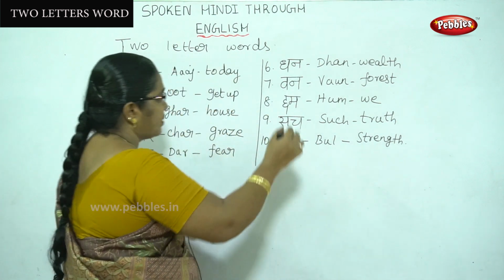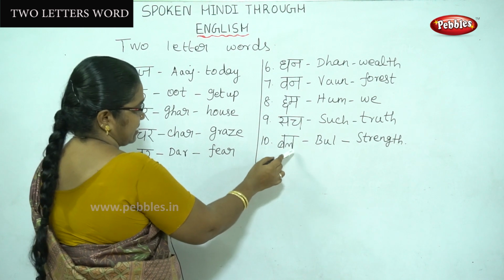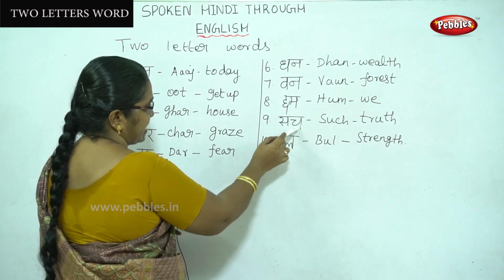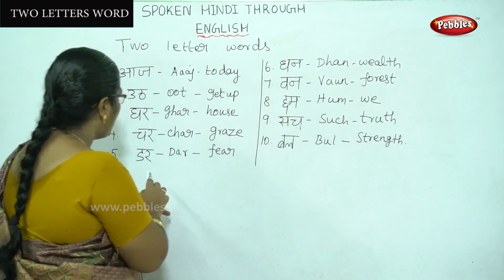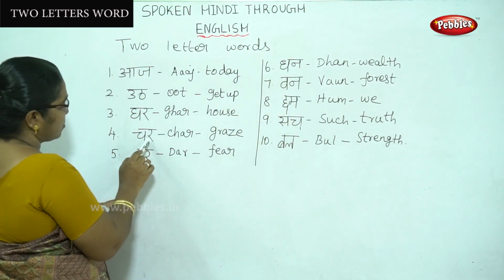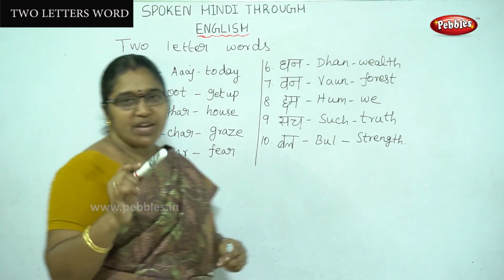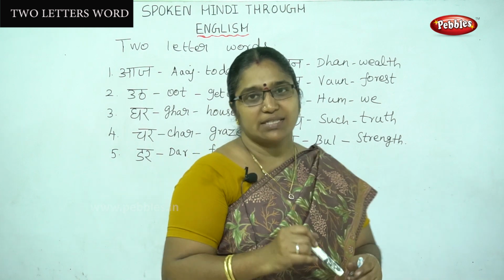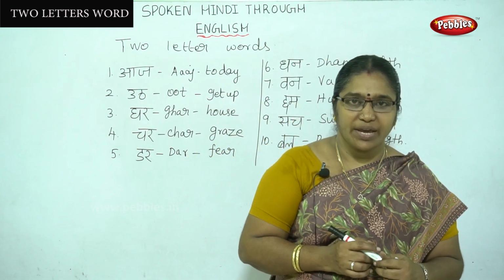Always we have to pronounce the last letter like this. Bal, such. See here, ch, ich, im, in. See here also ir, it, ij. Like this we have to pronounce these last letters like consonants. Consonant means vyanjan. Okay, is it clear?